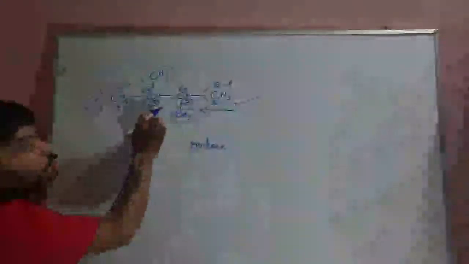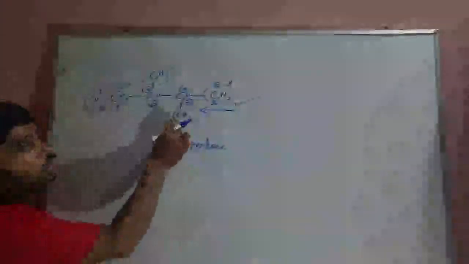It contains two substitution groups which are identical to each other and satisfy the alkyl group formula. So here methyl is present, here another methyl is present.